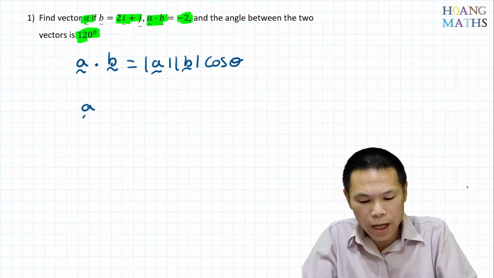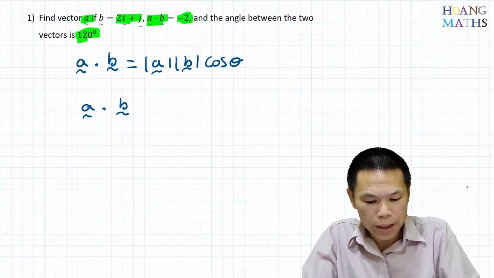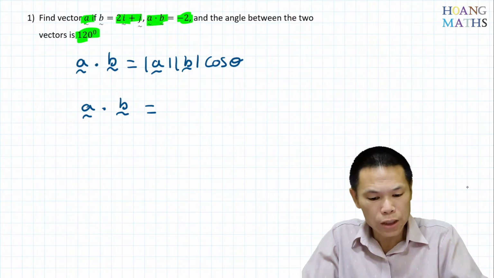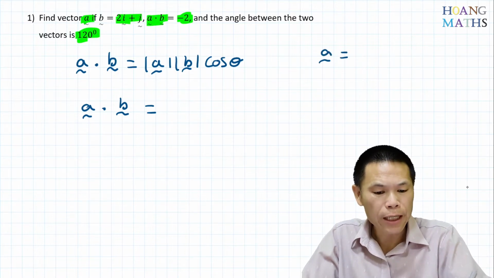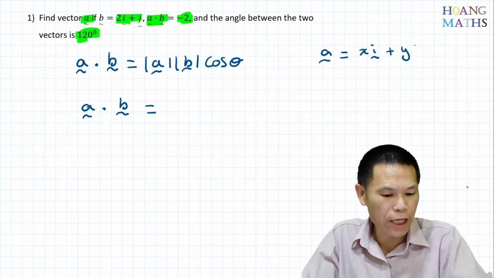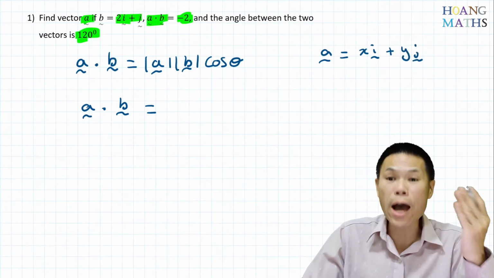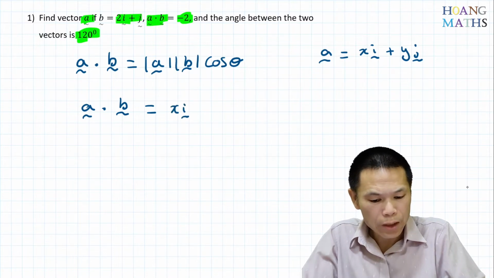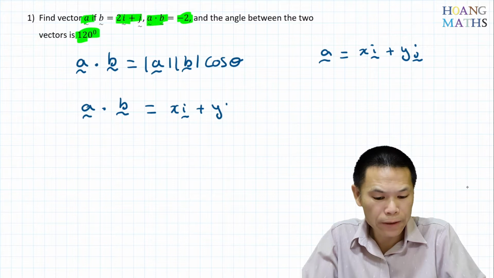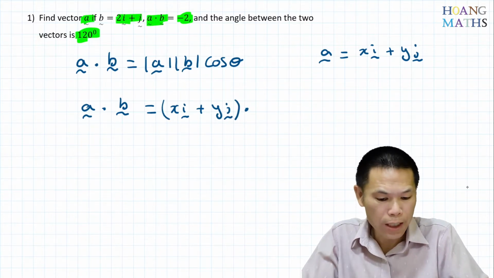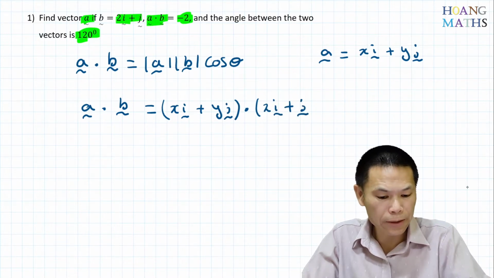So let's say A, we don't know. That's what we need to work out. So let's say vector A is xi plus yj. Therefore, A dot B means xi plus yj dot vector B, that is 2i plus j.